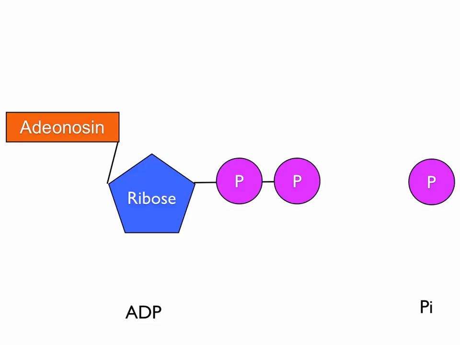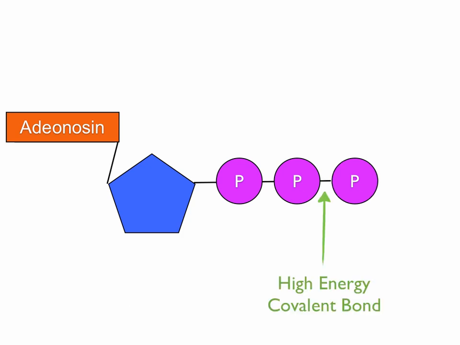So let's start out with the molecules of ADP and Pi. And they'll be floating around inside every cell of your body. And when they need to be converted into ATP, there's a special mechanism that grabs the pieces and puts them together. And that process is called ATP synthesis. It involves making a bond between ADP and Pi.